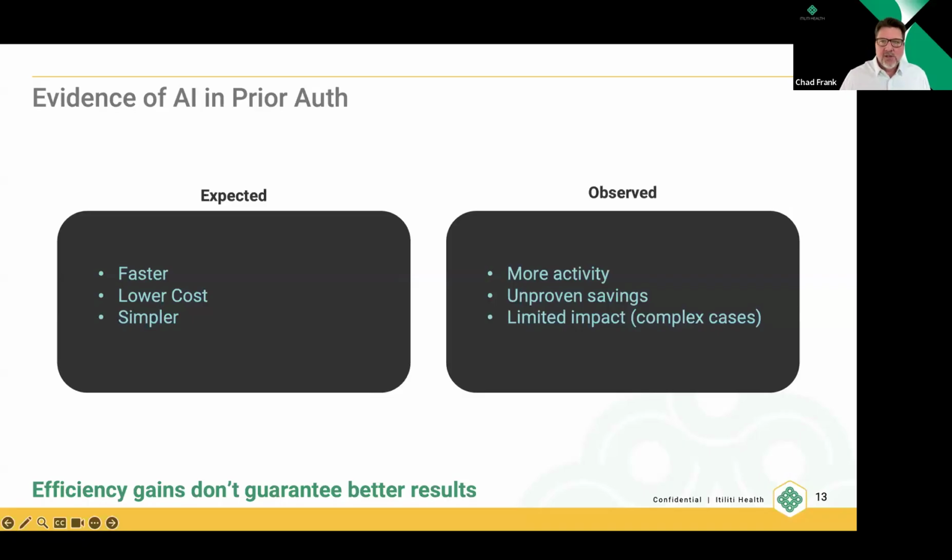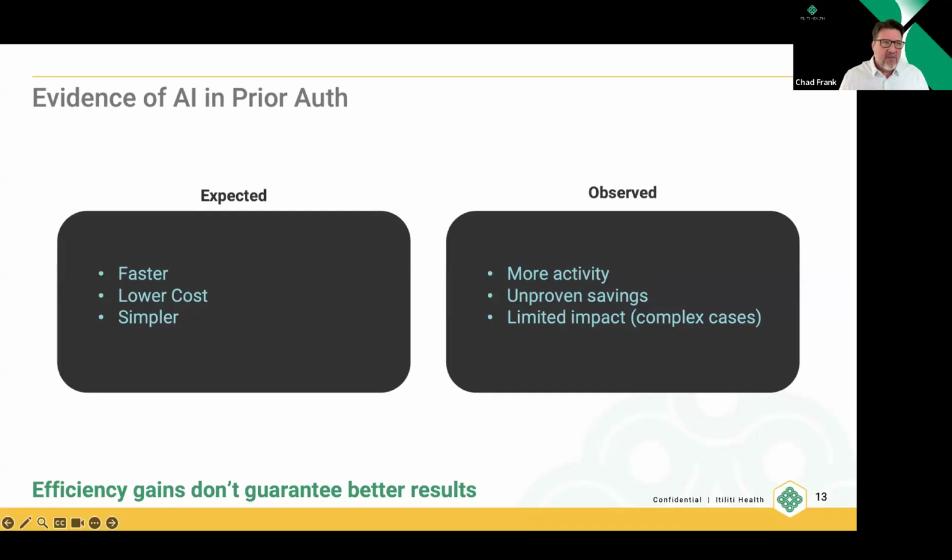Right. Wonderful. So just a quick summarization. We started with reframing the first topic: is prior authorization a workflow problem or a policy execution challenge? We just finished up the section on high-level AI use in prior authorization as the market's seeing it today.